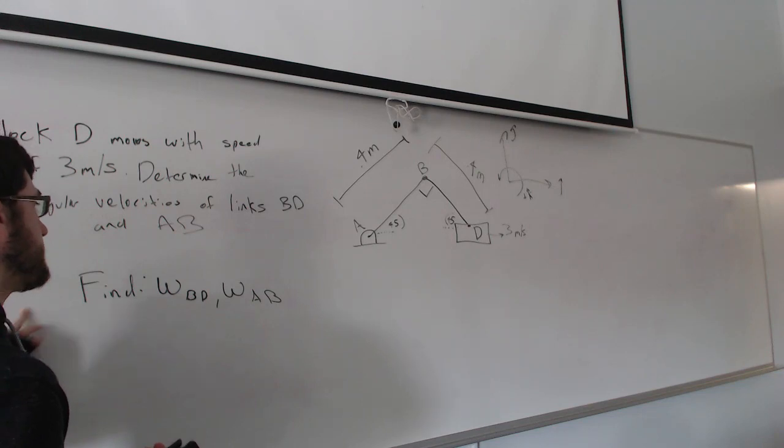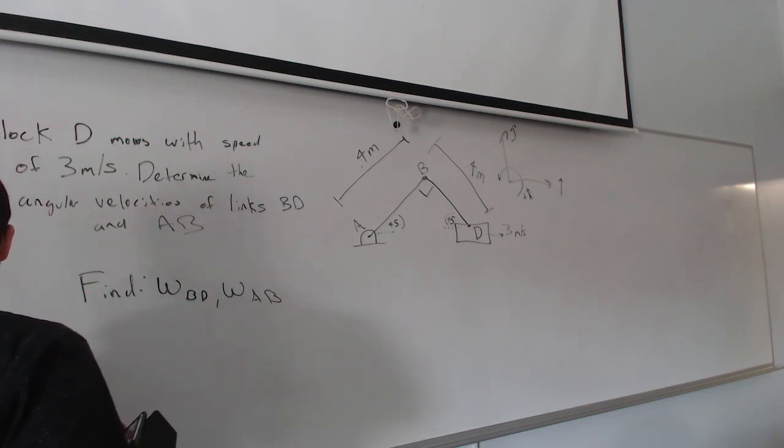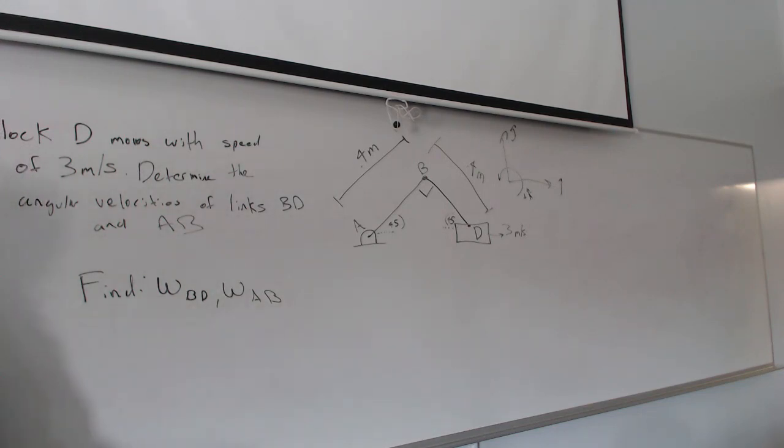To solve this, I am first going to start with base equations and then generalize it to this problem, and then I'm going to use my method that I always do of check marks and question marks. What do I know? What do I not know?